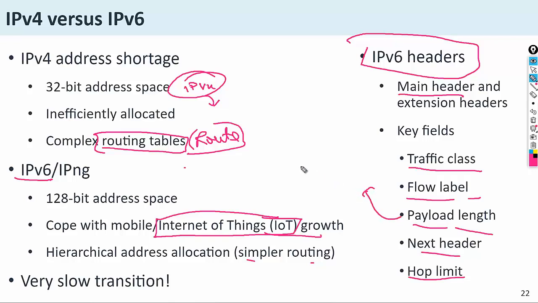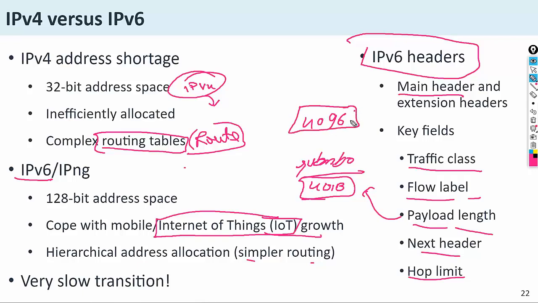Regarding payload length, when we talk about the jumbo packet, the packet can be a maximum of 4 GB, and in IPv4 the total maximum size is 4096 bytes, if you remember.